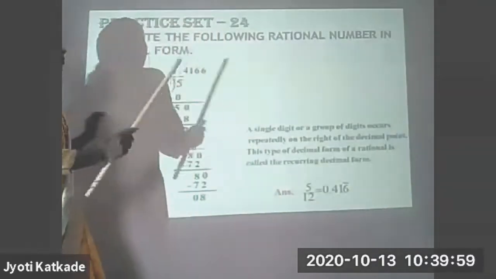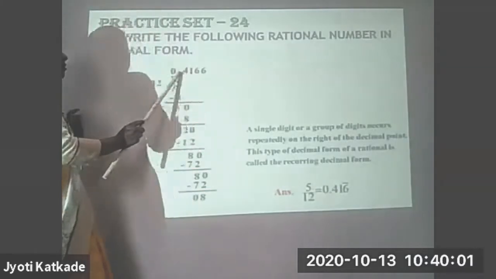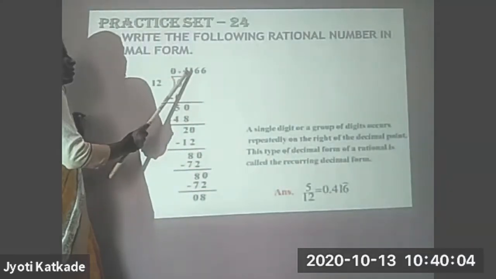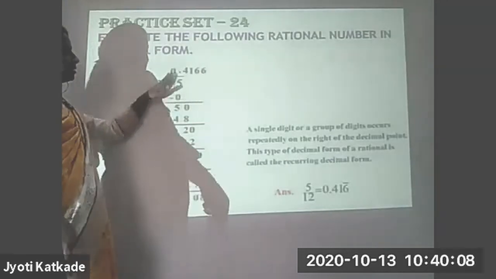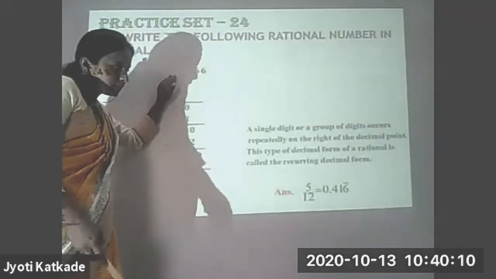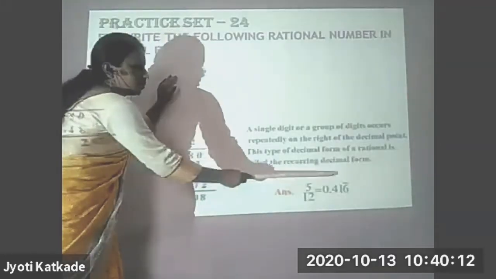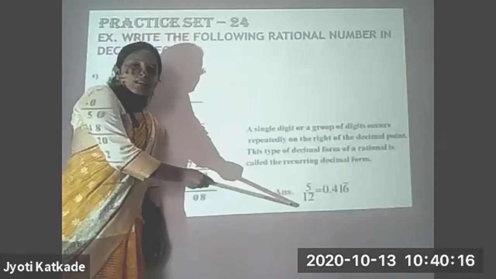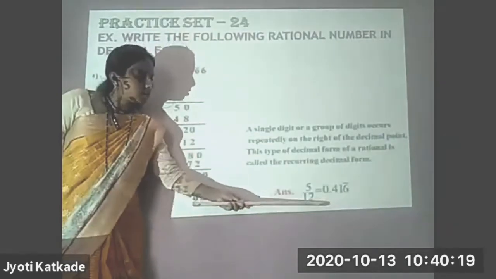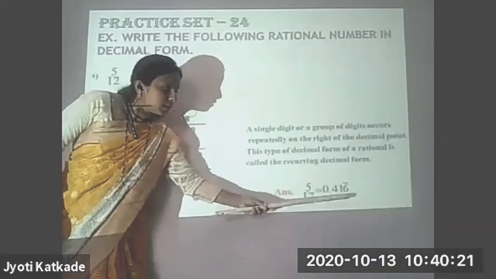Means at the right of this decimal point, 666, this value is repeating again and again. This type of decimal form is called a recurring decimal form. Now the answer is 5 divided by 12, that is 0.416.